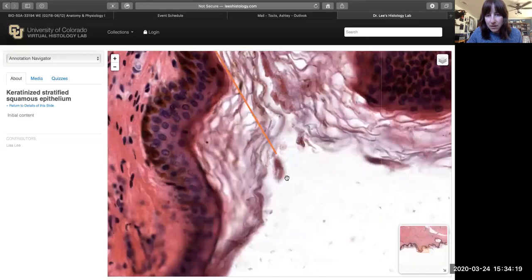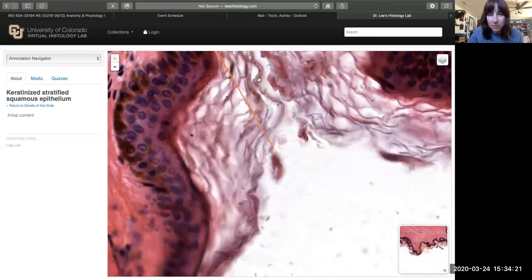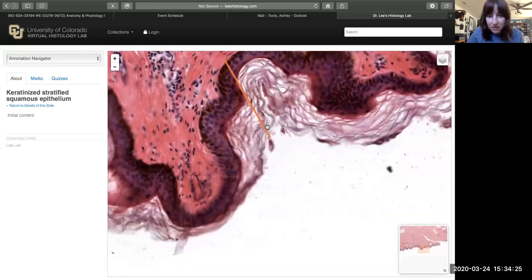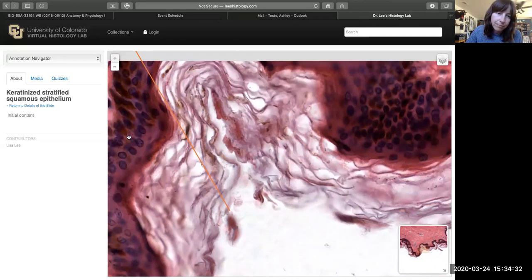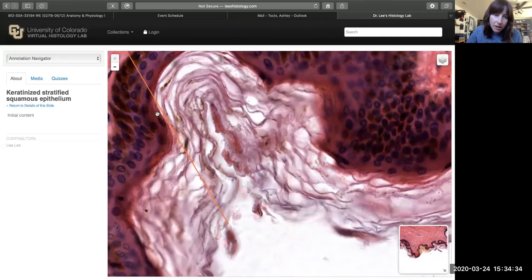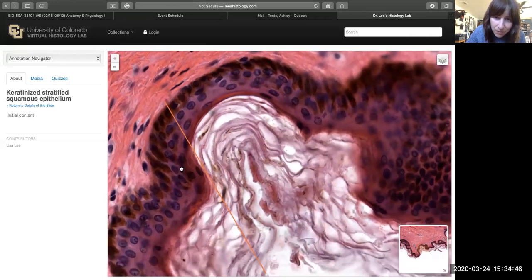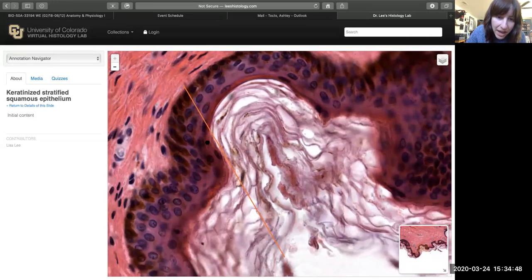This is the stratified squamous epithelium, so you've got lots and lots of layers. This is basically indicating the layer that is the stratified squamous epithelium. I would argue that it is from here to here, and over here we're talking more about the underlying basal membrane of that.